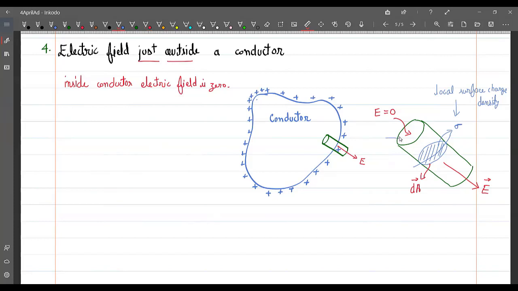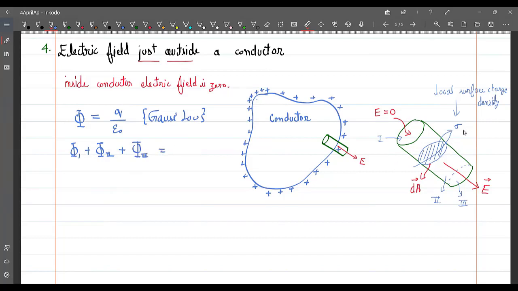Let's call this surface the first surface, this the second surface, and this circle the third surface. So we can write our Gauss law. Total flux is equal to charge inside by epsilon naught. This is your Gauss law. So total flux will be flux due to surface 1 plus flux due to surface 2 plus flux due to surface 3.